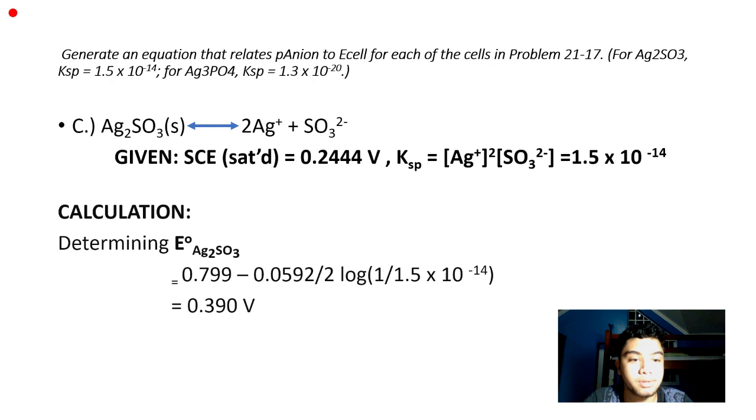The n becomes 2 because the coefficient for the silver is 2, so that becomes the number of moles. Again, we're going to multiply that with the logarithm of 1 over 1.5 times 10 to the negative 14, which is the KSP. After simplifying and using algebraic methods, we get an answer of 0.390 volts.